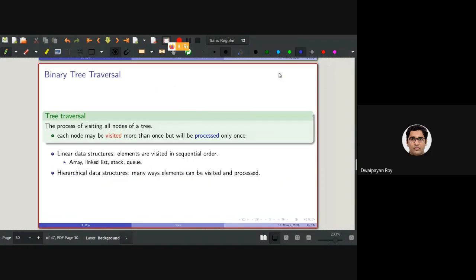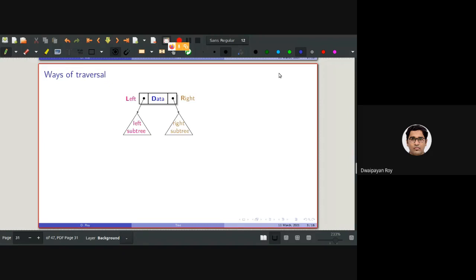All right. So the hierarchical data structure that we are discussing in this course is the tree, and there are many ways we can access the different elements. Let's consider this binary tree. This is the root node, or any internal node, with two subtrees.